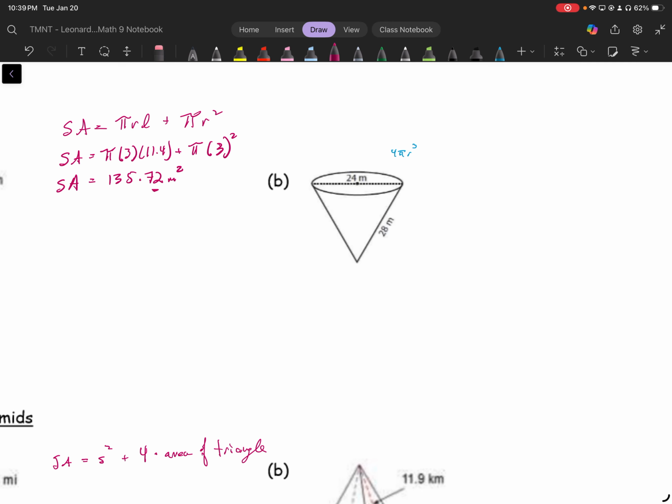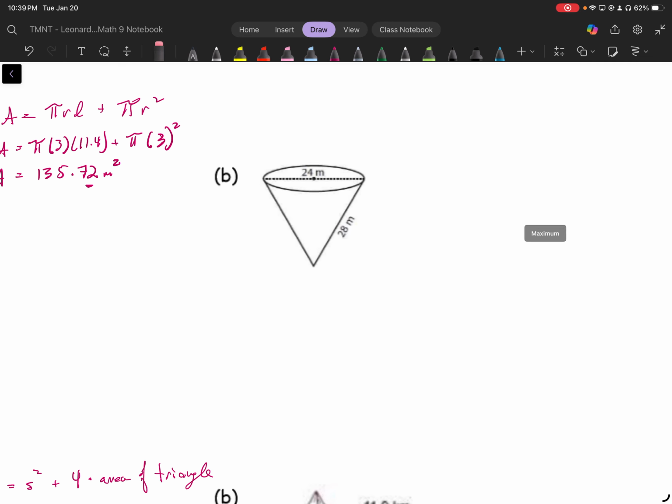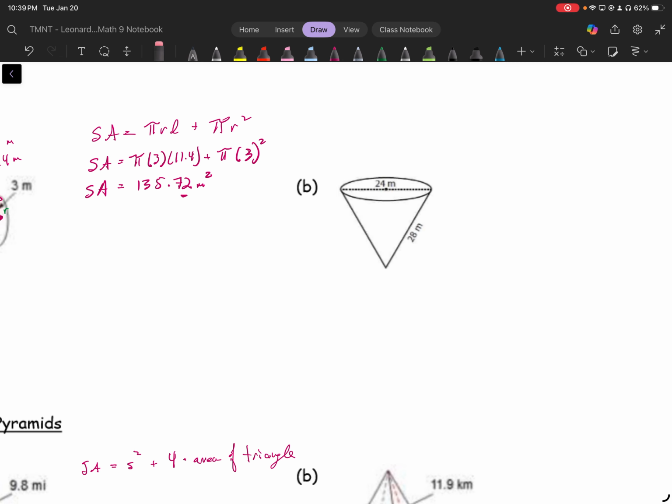In my next example, I think a very good first step is always to write the formula. The surface area is equal to pi r times L plus pi r squared. And I think only now do you start to think, what do these represent? So pi is a button on your calculator, or 3.14.